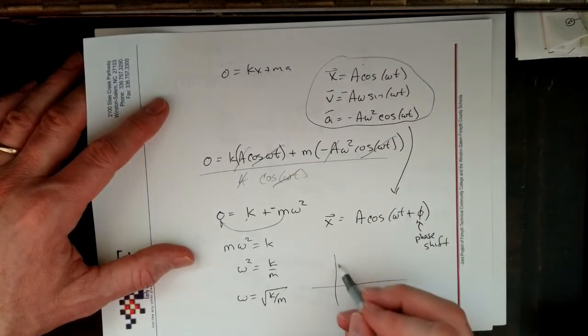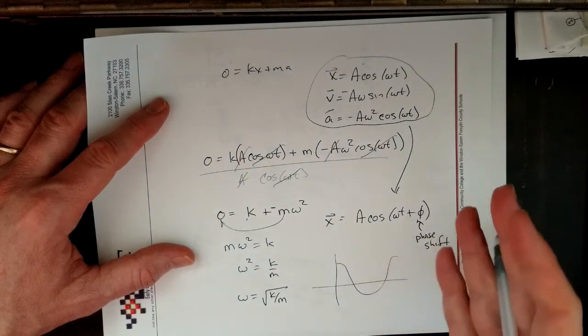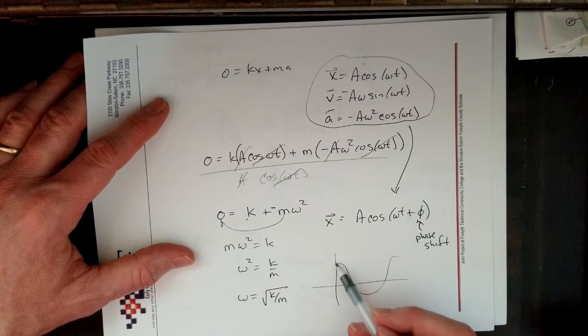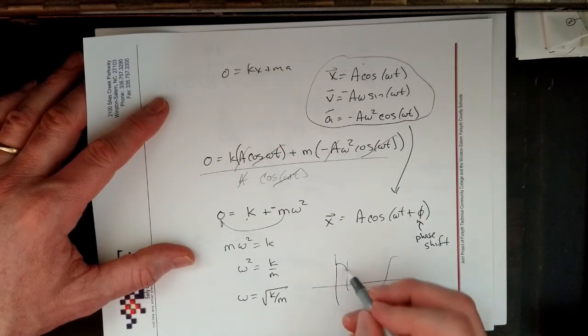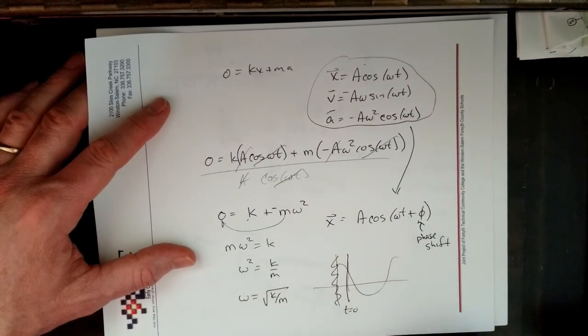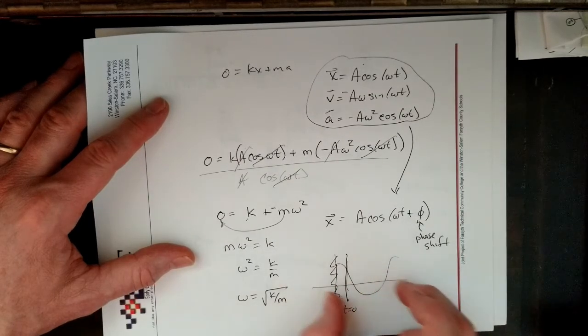So a cosine curve looks like that. But if I'm dealing with real life and something oscillating back and forth, it's not necessarily going to start at the peak. It might start at this point right here. So if that is time equal to 0, it's basically the same cosine, we just have shifted it left or right.